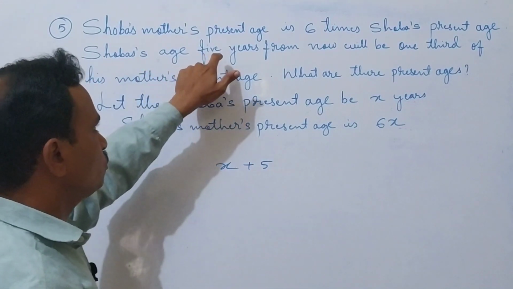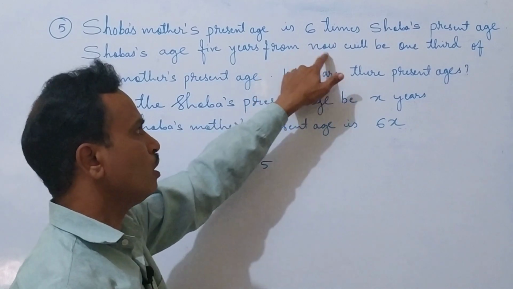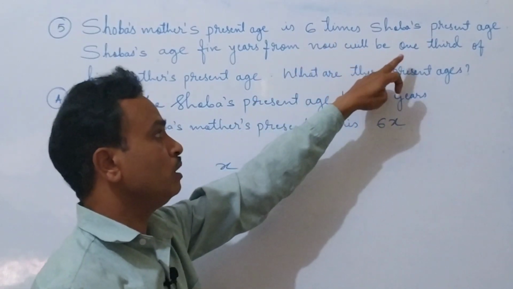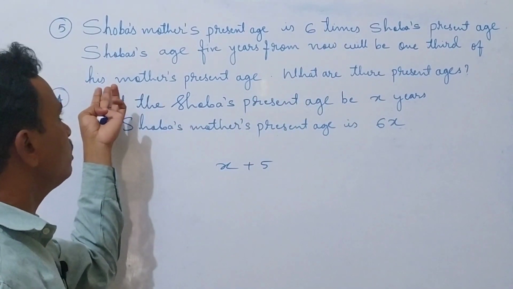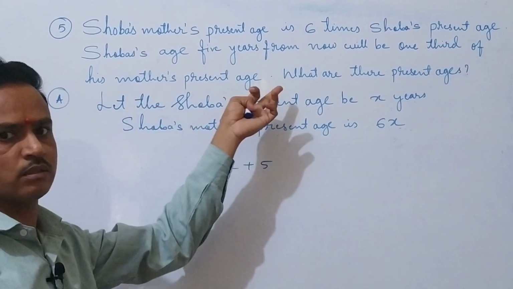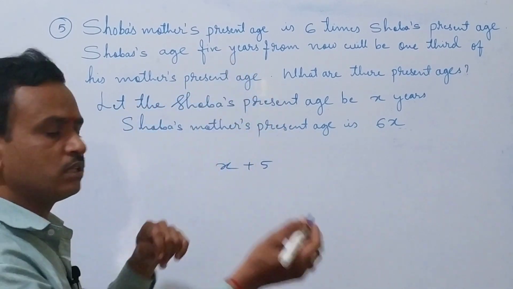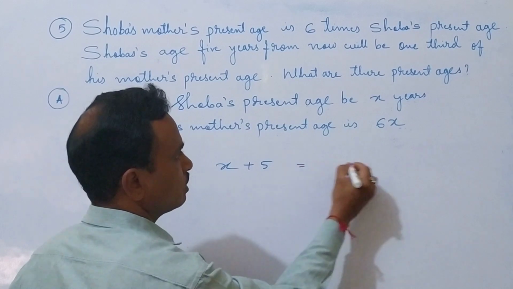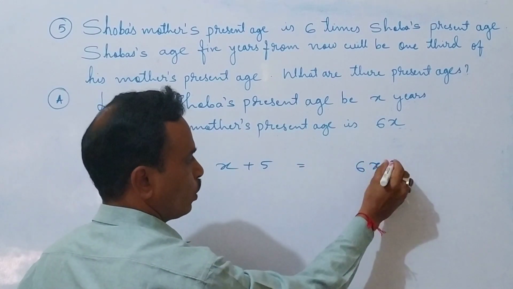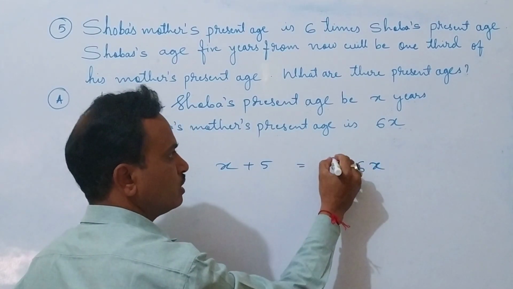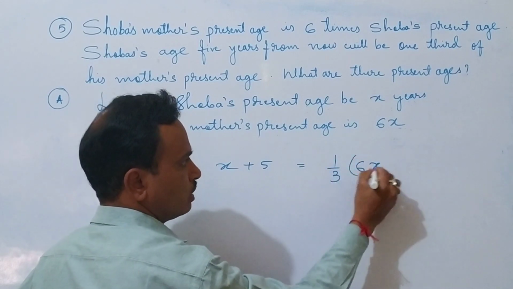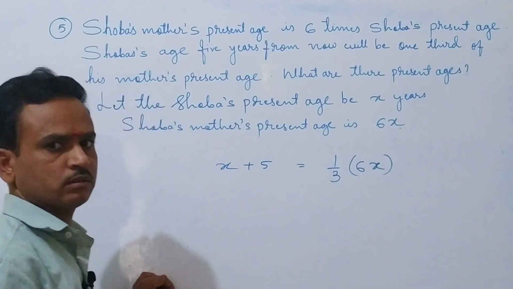Shobha's age 5 years from now will be 1/3 of his mother's age. What is the mother's age? 6X. 1/3 of his mother's age means 1/3 into 6X.